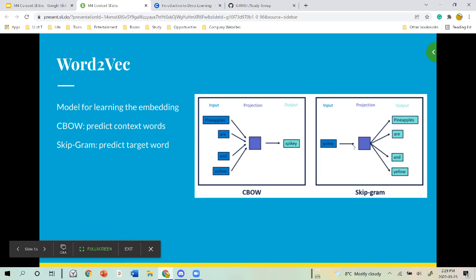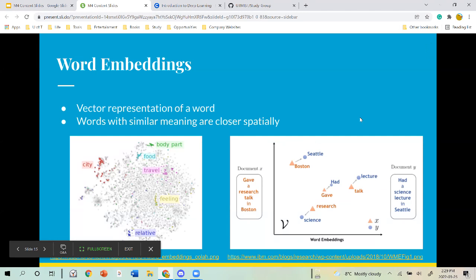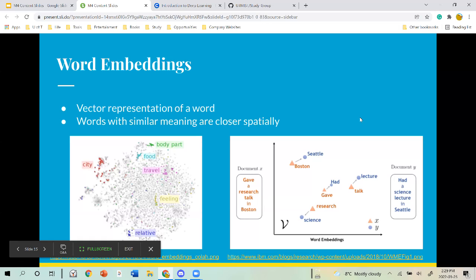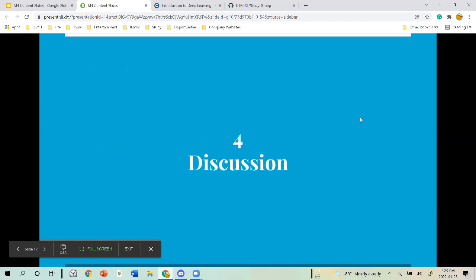You have the word, and in this one, you're trying to predict the context or the surrounding words. How it's done is basically what we talked about in the previous slide. Based on the meaning and how close they are, you can get a sense of which words have a higher probability of being placed there. This is pretty cool, I'd say, how they manipulate something so abstract and turn it into data.